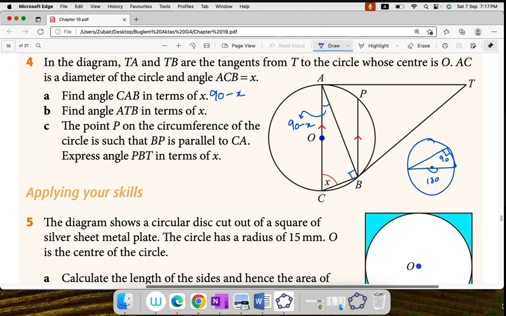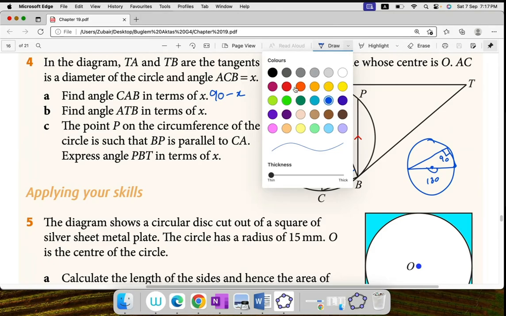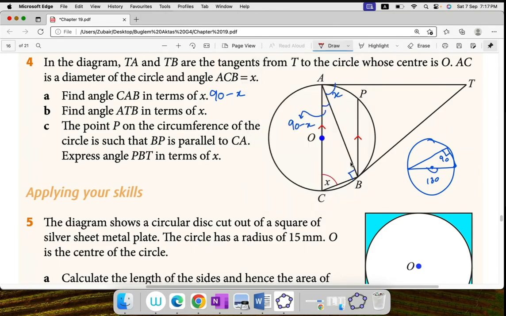I know A equals X. You know that, right? Yes. And then what is this?